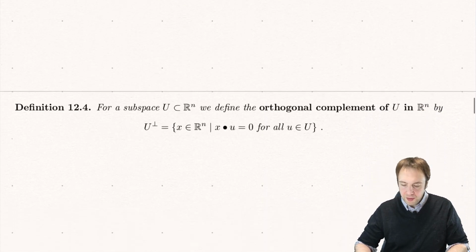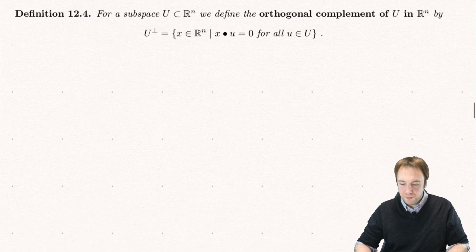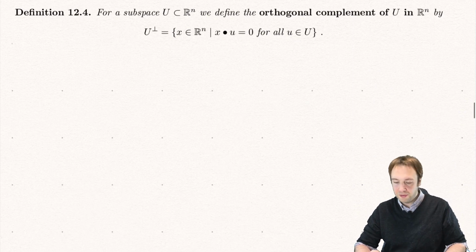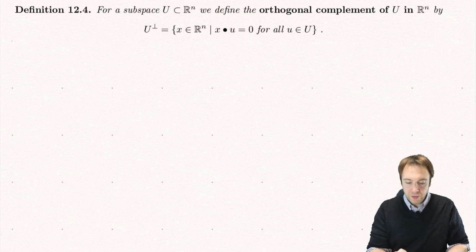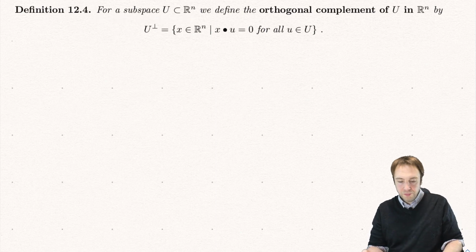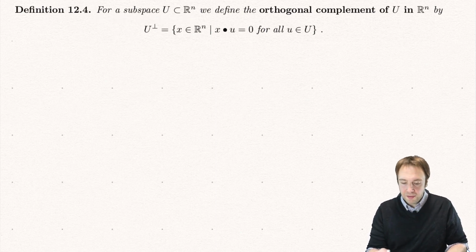Okay, so now we come to another important notation, namely the so-called orthogonal complement of a subspace. So if I have a subspace U, then we can define the orthogonal complement of U in R^n.